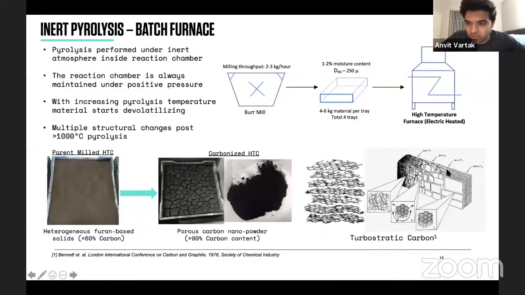And as you keep on increasing the temperature, you make more and more carbon rich material, the end form of which is called graphitic carbon, which is very similar to the graphite that's used in our pencils, or any other general applications where graphite is needed. So this process gets you to greater than 90% carbon content.